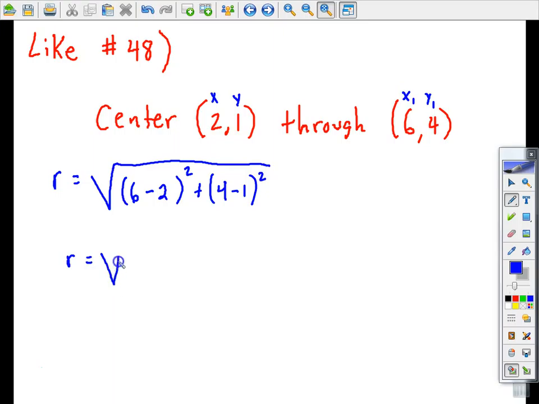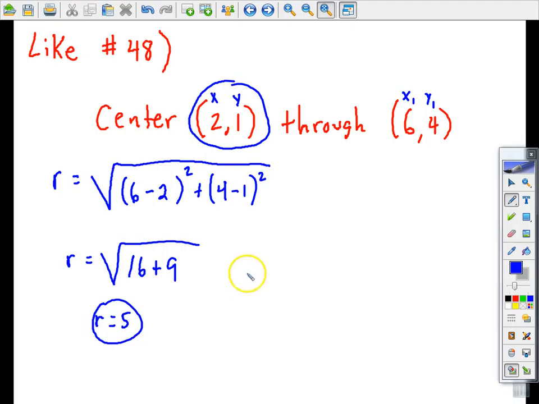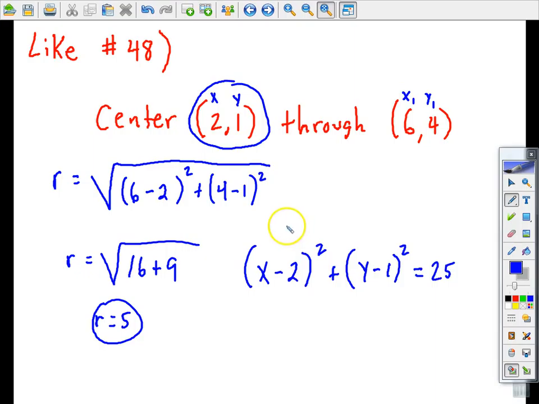Okay, so 6 minus 2 is 4, and 4 squared is 16, plus 4 minus 1 is 3, 3 squared is 9. We have the square root of 25, which is 5. Well, now that I know I was given the center, now I know the radius, it should be pretty easy to write this equation. x minus the x coordinate squared, that's h, plus y minus the y coordinate, that's our k, equals r squared, which is 25.